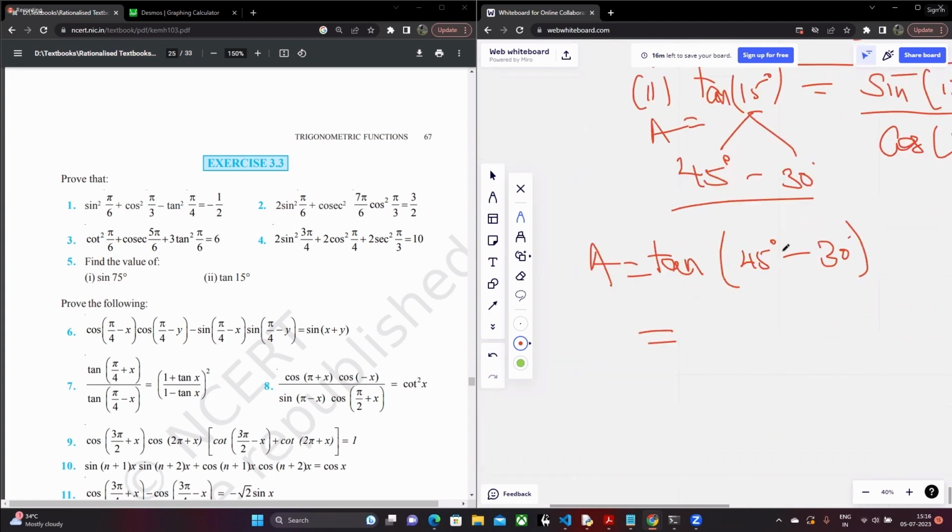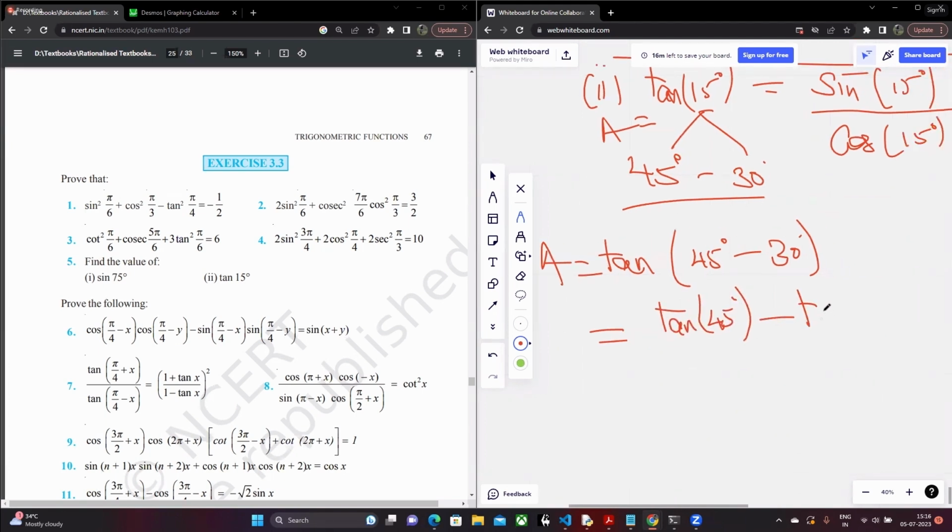Again, tan of x minus y, you're going to use a formula that is tan x minus tan y, that is tan 45 degrees minus tan 30 degrees, divided by 1 plus tan x into tan y.